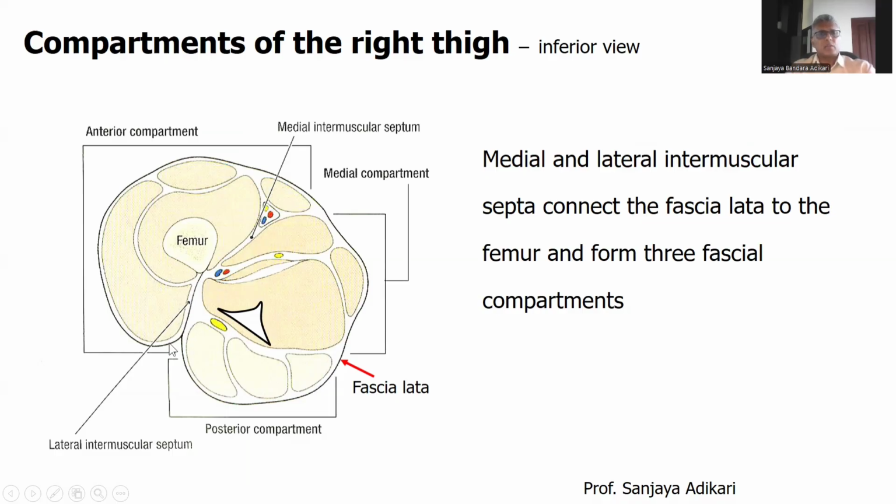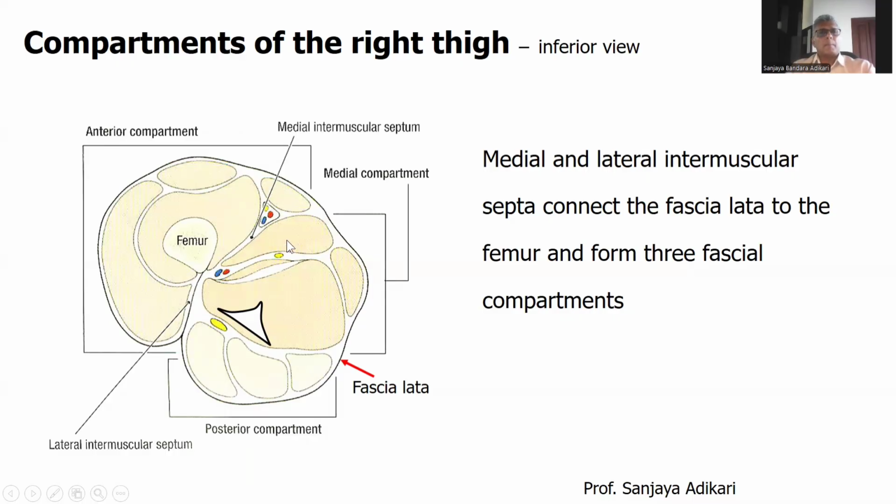There's a lateral intermuscular septum, which is attached between the periosteum of the femur and the iliotibial tract, which is the lateral part of the fascia lata. Then you have the medial intermuscular septum. That will separate the anterior compartment or extensor compartment of the thigh from the adductor compartment or the medial compartment and the posterior compartment.